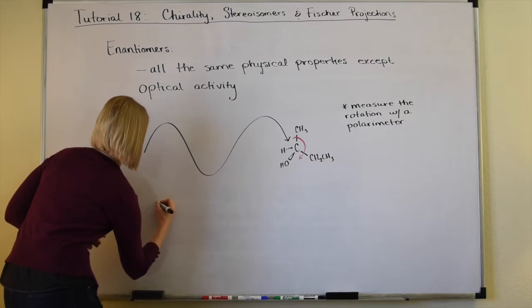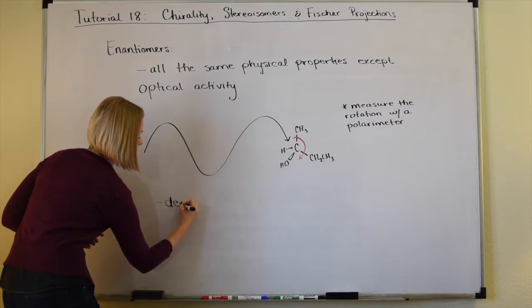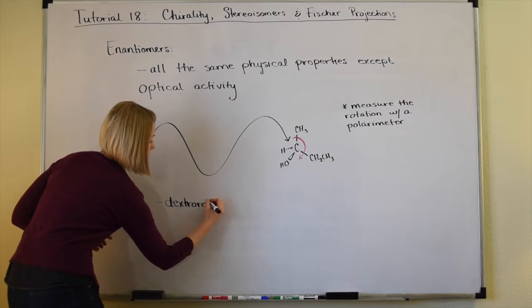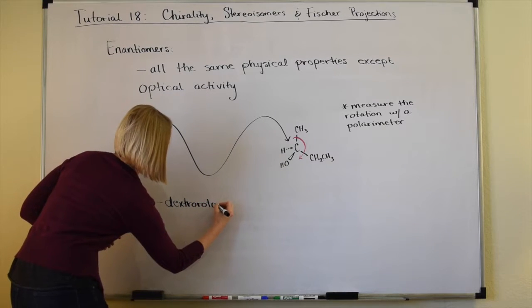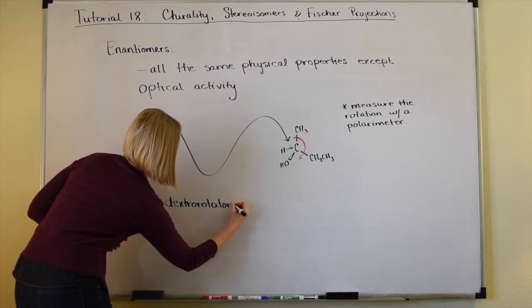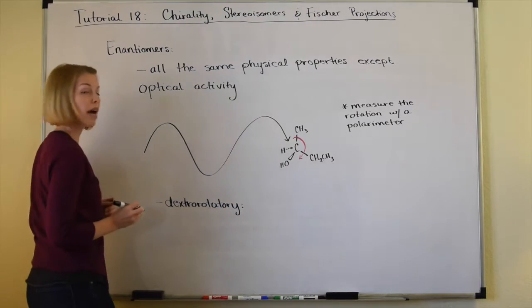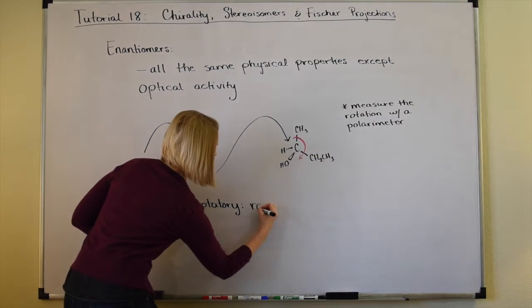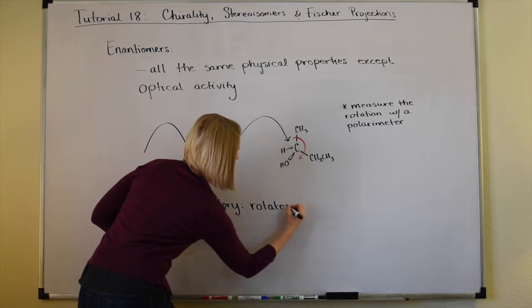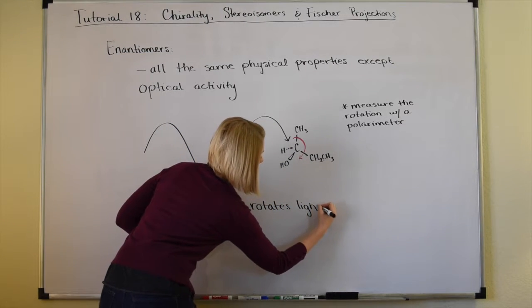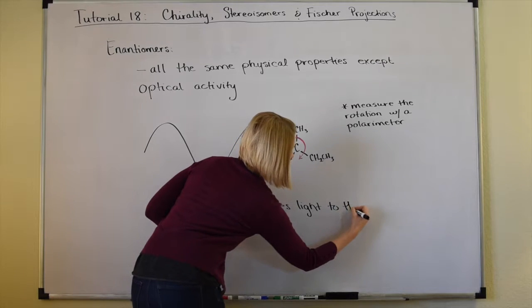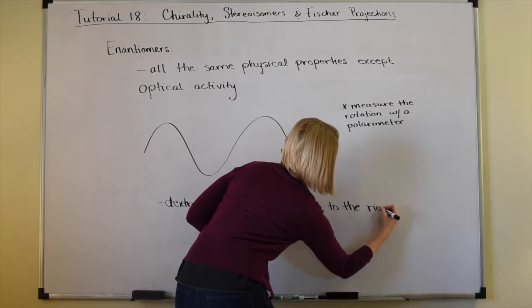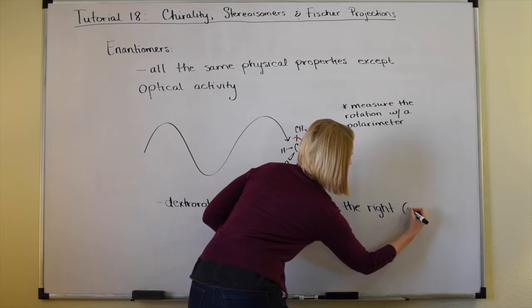Okay. So the dextrorotatory compound is the compound that rotates light to the right.